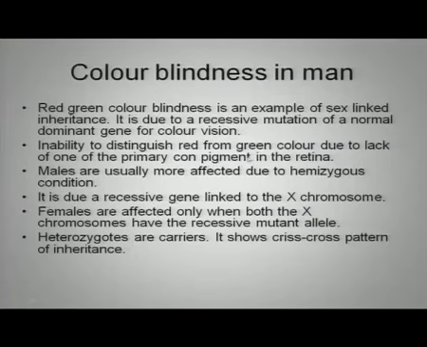So, the pigment present in the cone cells, that is iodopsin, is missing. So, it is not able to distinguish red color from green color. So, it is known as red green color blindness.